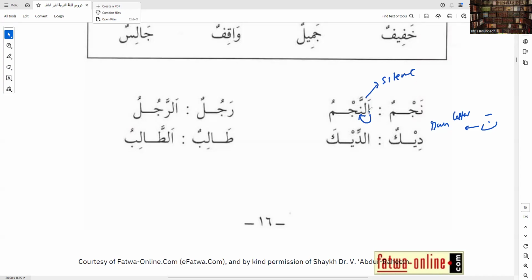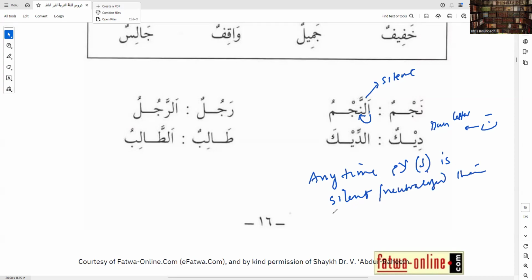An. All right. So anytime the lam, that is this, is silent or neutralized, then the letter that came after the lam is a sun letter, or we can say it's one of the sun letters.